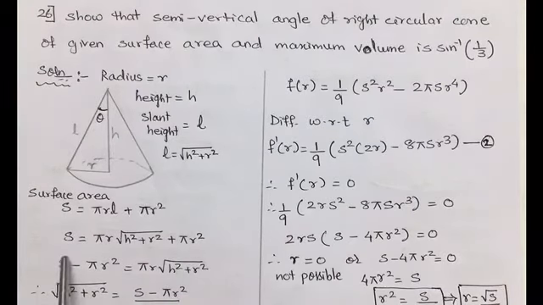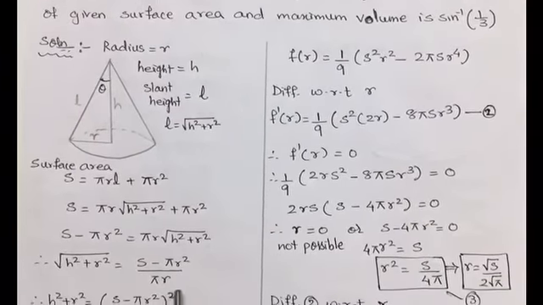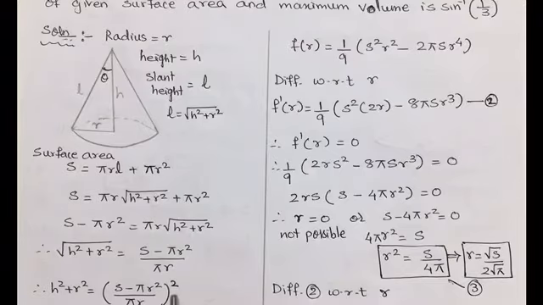Shifting pi r square the other side, we'll get S minus pi r square is equal to pi r under root h square plus r square. So pi r shifted the other side, we get under root of h square plus r square is equal to S minus pi r square upon pi r.